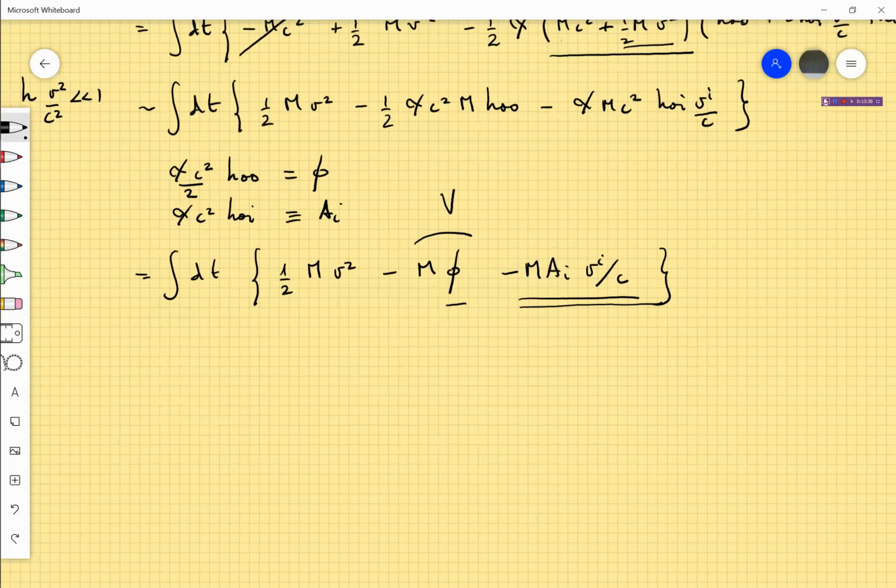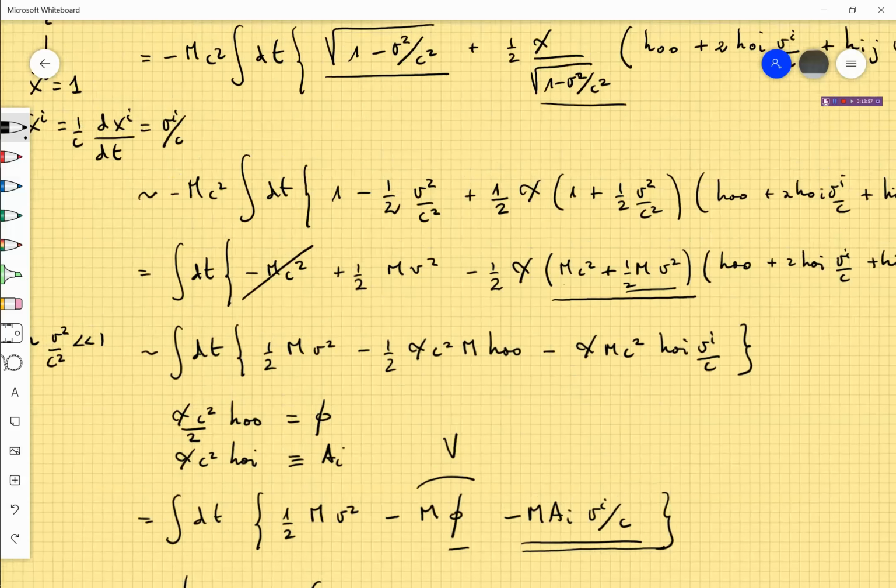If you now replace this phi by the potential created by another mass, say I can write it as a small m if you want to distinguish it from this m, you just recover exactly what you had in the Newtonian limit.